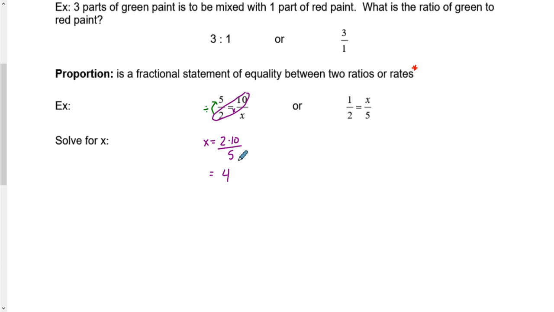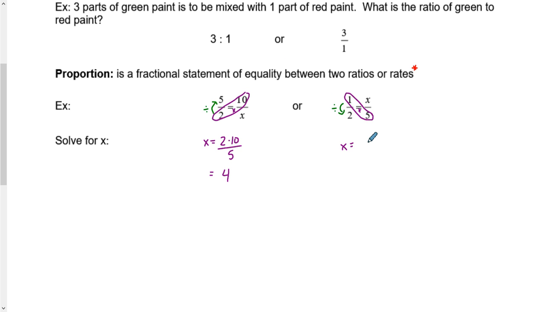Yes, I know that I have a lot of space for this. I'll probably try to reduce that a little bit for next year, but it's not something I need to worry about right now. Okay, here's our variable. Go to the number directly attached, multiply across, divide by the remaining number.